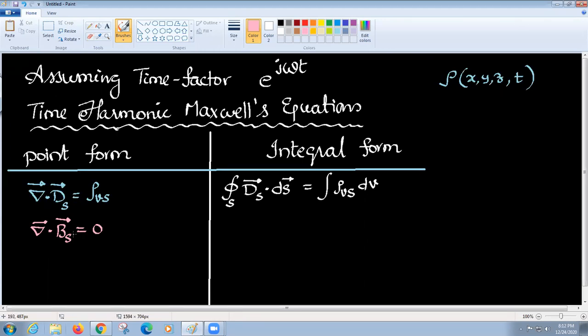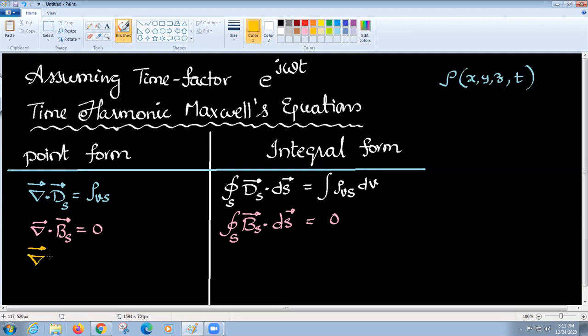So divergence of B is always equal to 0, whether it is statics or dynamics doesn't matter. So with divergence, I have to again apply the divergence theorem, so I must take a closed surface. So Bs dot dS is 0, and the colors are not good, but please accept for now.